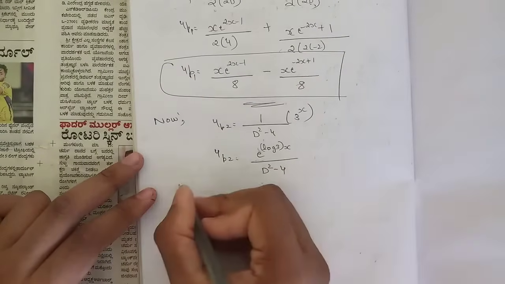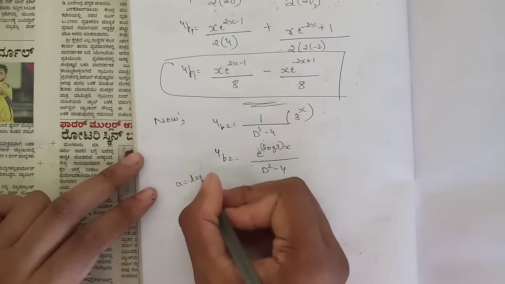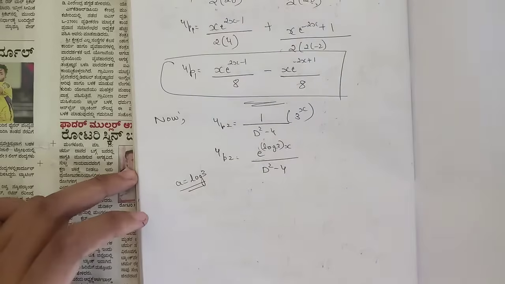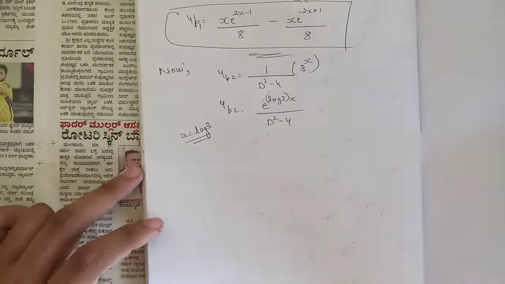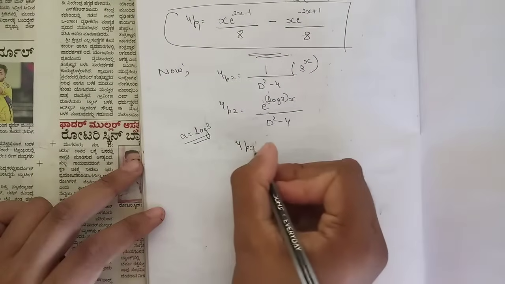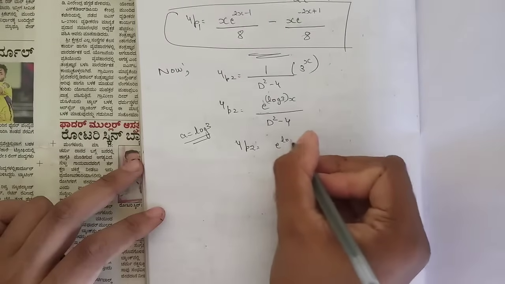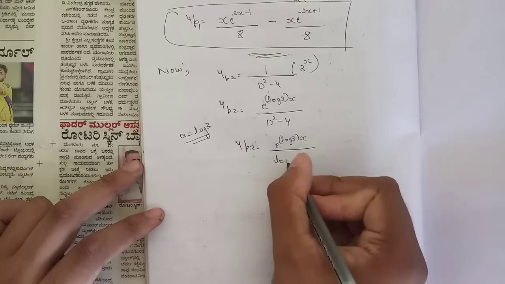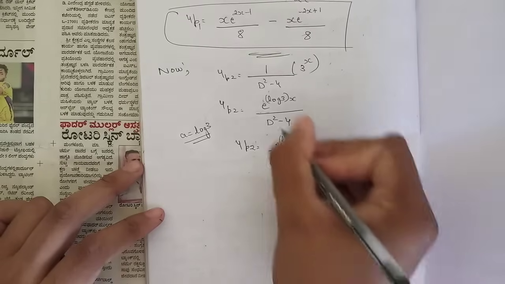So here the value of a is equal to log 3, right? So we don't need to simplify this by putting the value of log 3 in the calculator and all. We can keep the value as it is, okay? Don't need to simplify. So e power log 3 of x is equal to, log 3 whole square, D squared minus 4.